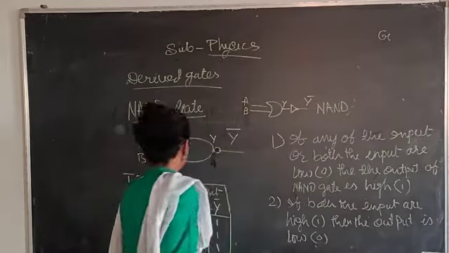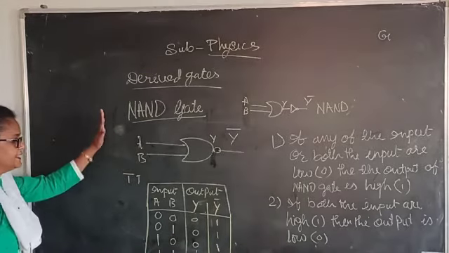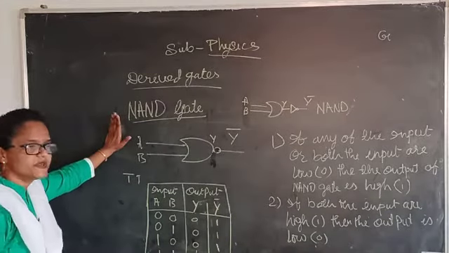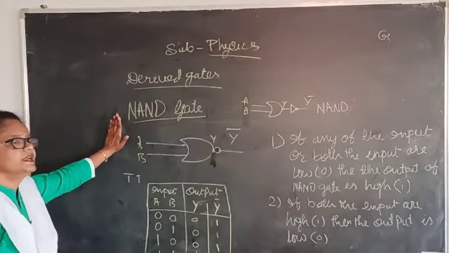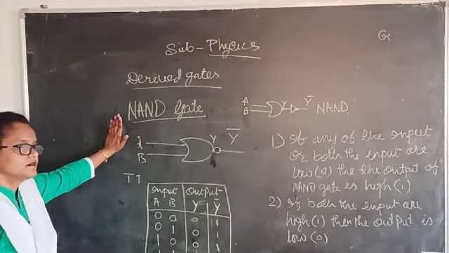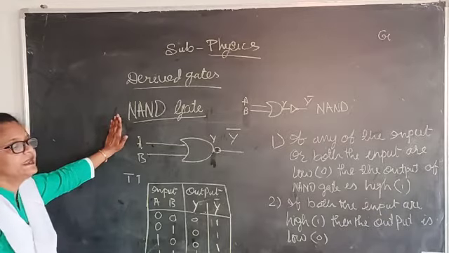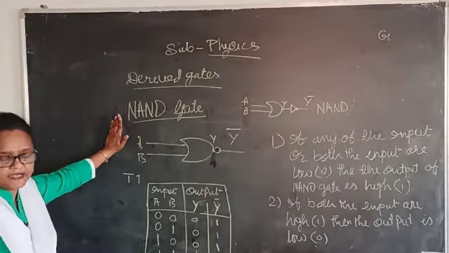Okay, this is the NAND gate. So from this we can say that the NAND gate is simply the negation of the AND gate.